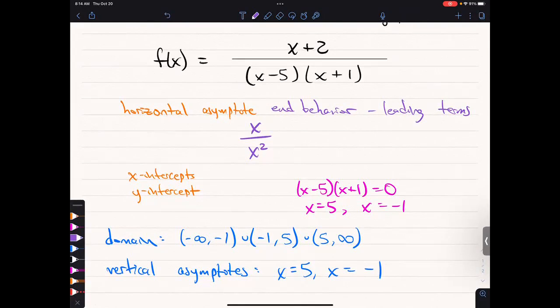The reason that I separate just those out is that now I've got a simpler thing that I can do algebra with, and it's a little bit less to think about. I can figure out better what's going on with that. x over x squared would reduce to 1 over x, right? What does 1 over x do when x is big?